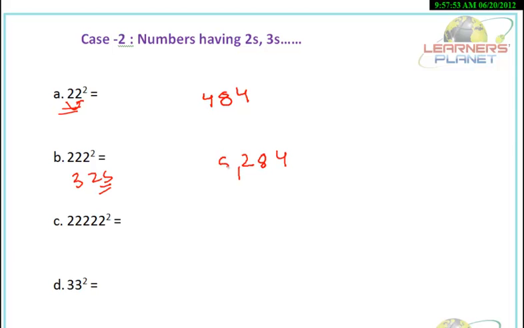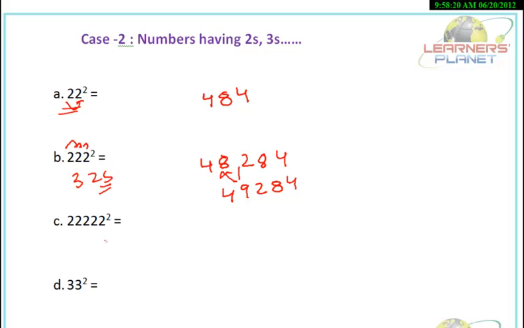Then further 4 2's are 8 and then 4 1's are 4. In the next step, 4, 8, 2, 1 and 8 will be added. So we'll be getting 9 and then 4. So it's 49284. It's very simple.